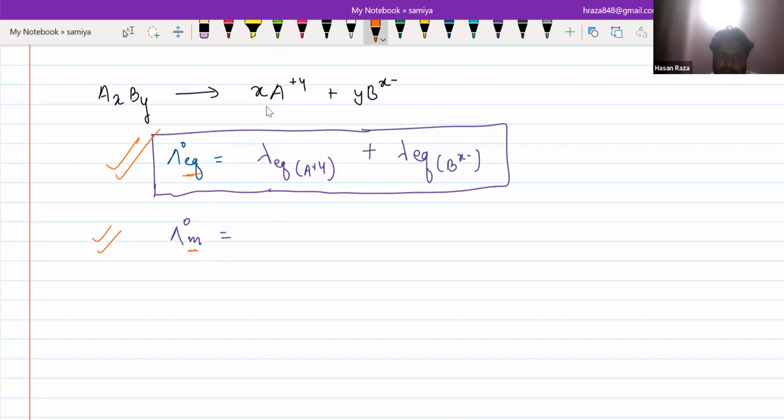So it will be x times lambda M of the cation plus y times lambda M of the anion. This will be the formula.